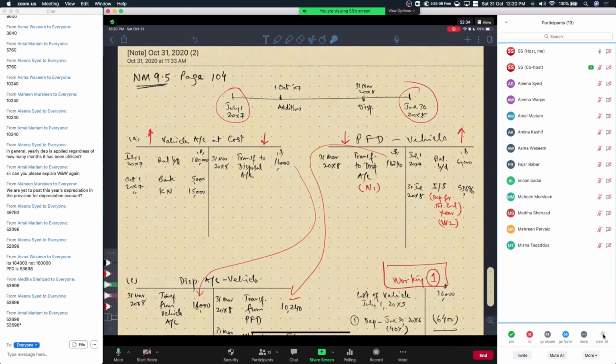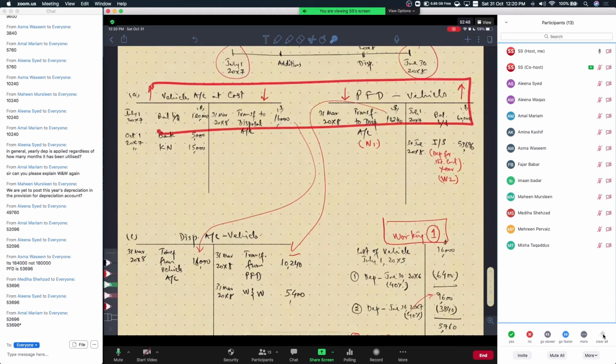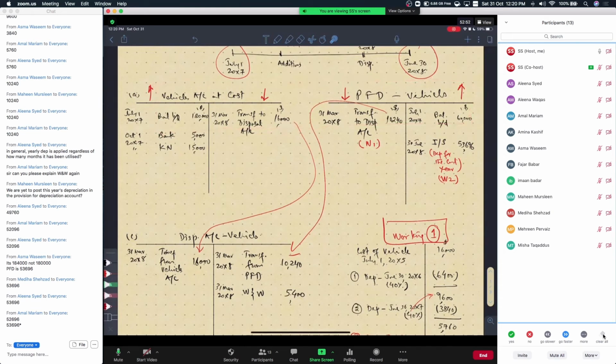Now, end of the year, the first task was to charge depreciation on the remaining assets. We're done. And the final task is that you're going to close down the accounts. So how do we close down the accounts? The accounts with a permanent nature will be closed down by calculating the balance carried down, which will be brought forward in the next year.